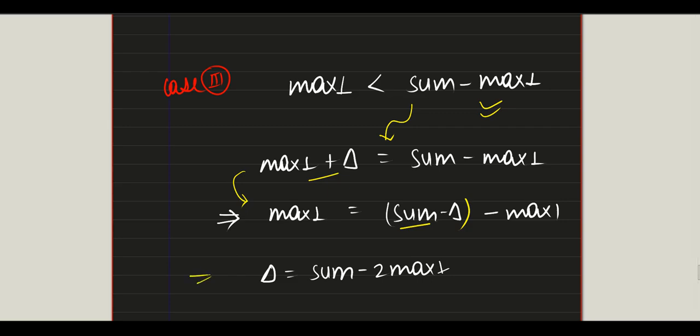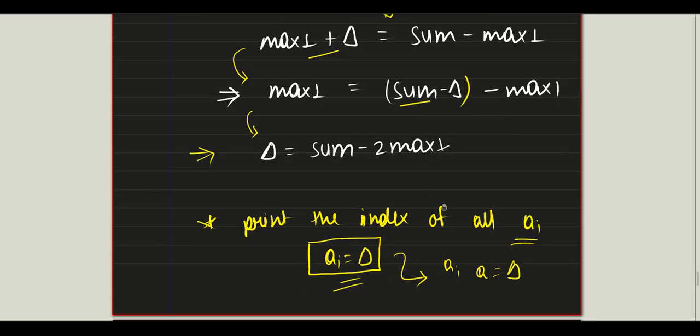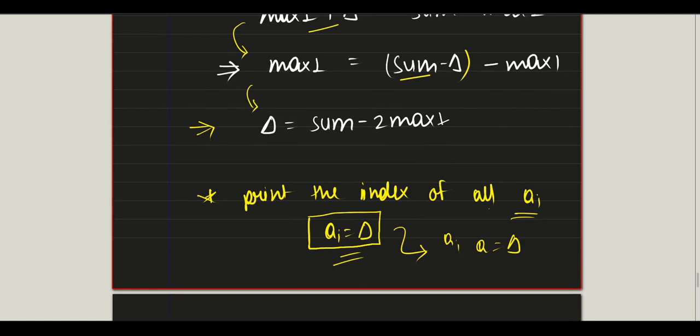We can get this from this equation, by taking this delta value on the left hand side and all other terms on the right hand side. So what I am saying is that if there exists any element ai in our array which is equal to delta, then you can simply delete that element and get a new array which is a good array. So in the final answer, you have to print the index of all the elements ai such that ai equals delta, and this will be our final answer.